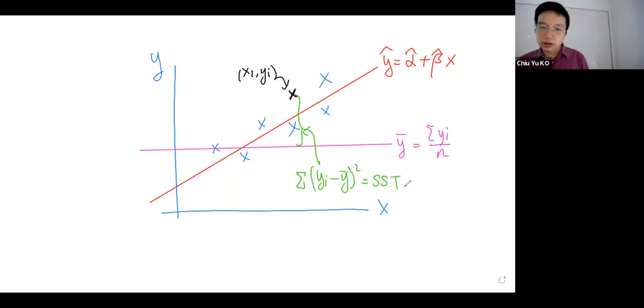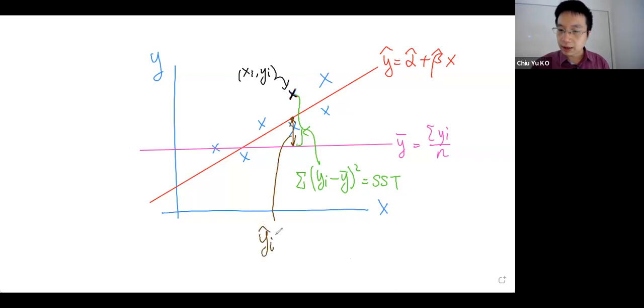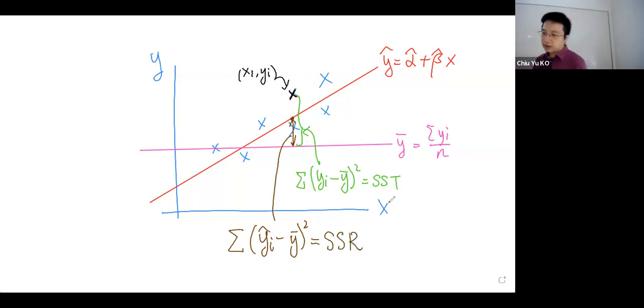The orange part is what your model explains, which is yi hat minus y bar. You care about the square because you don't care about up and down, and you sum over all points. Sometimes it's called sum of square regression, or sum of square explained, depending on the textbook.